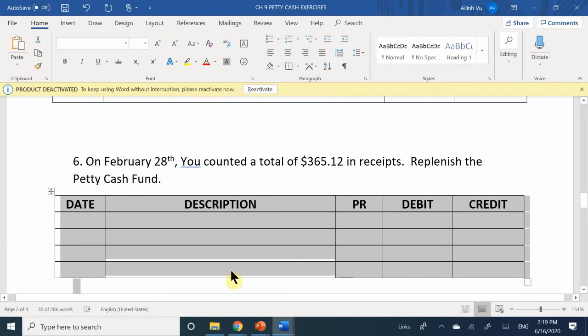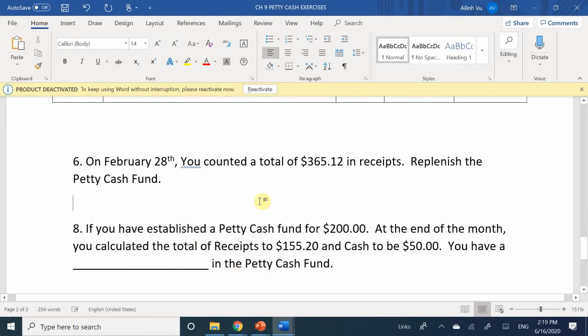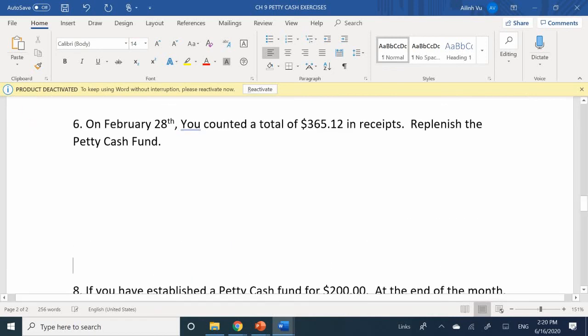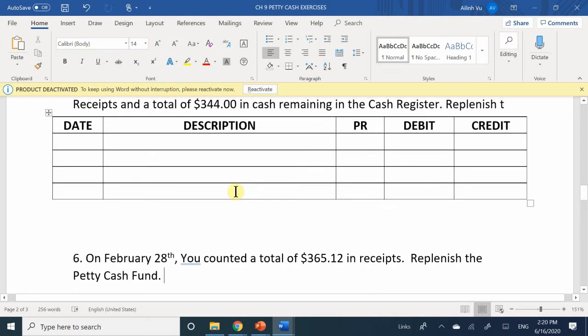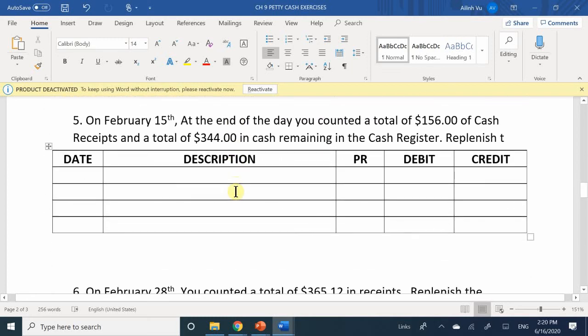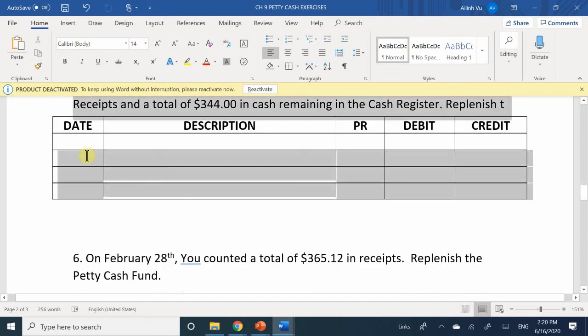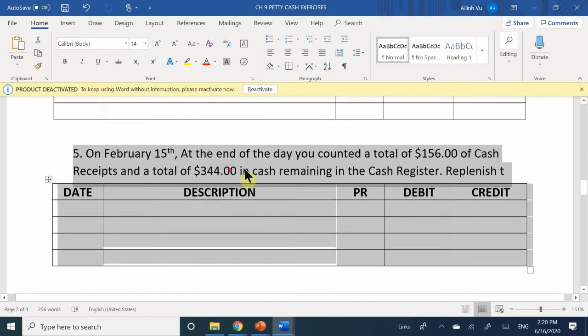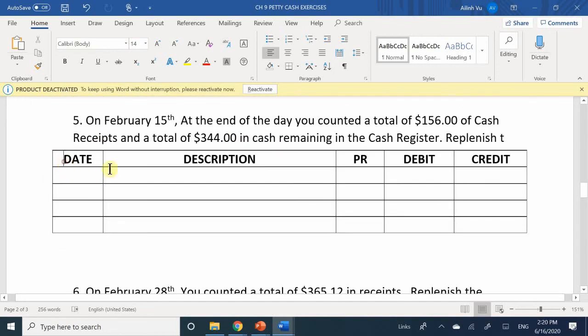Okay, now that we established that, we're working on question number 5. I need to get rid of this table because it's not working for me.